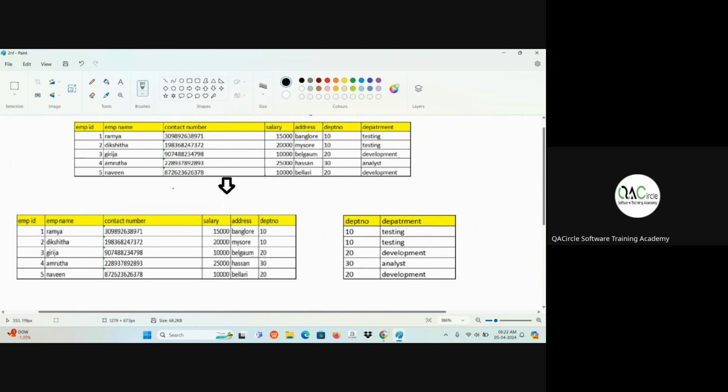In that, first point, the table should obey first and second normal form rules.